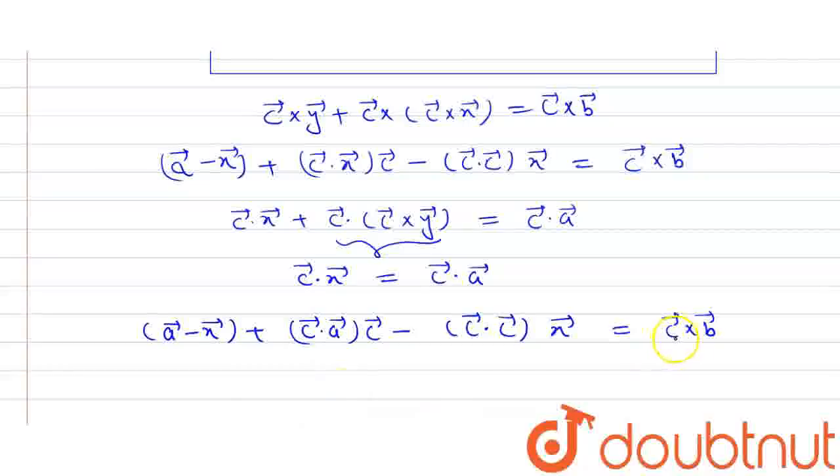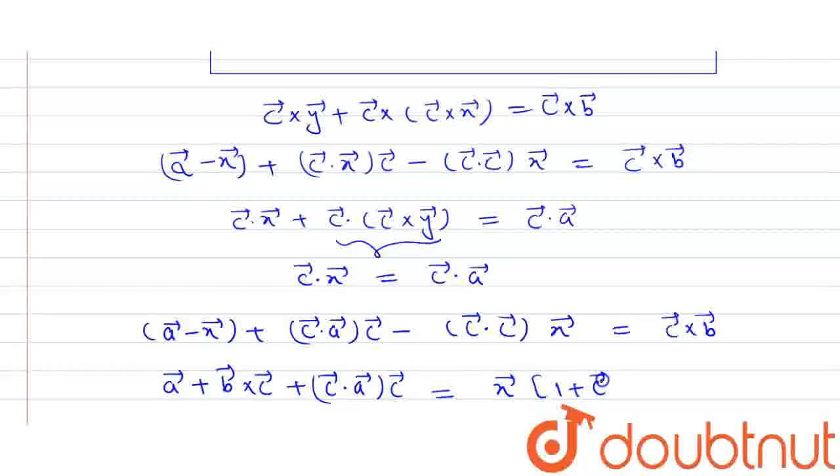So c vector cross b vector can be written as minus b vector cross c vector. On bringing this to the right side, it will be positive. So a vector plus b vector cross c vector plus c vector dot a vector multiplied by c vector is equal to, taking x vector common, x vector times 1 plus c vector dot c vector.